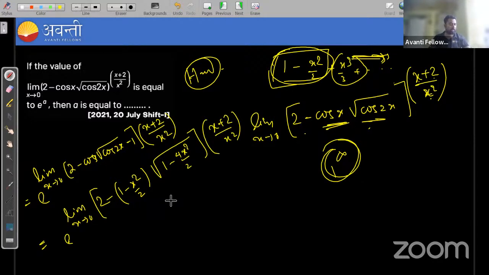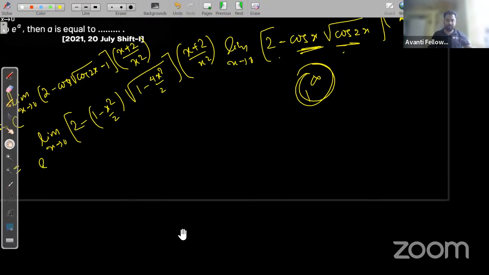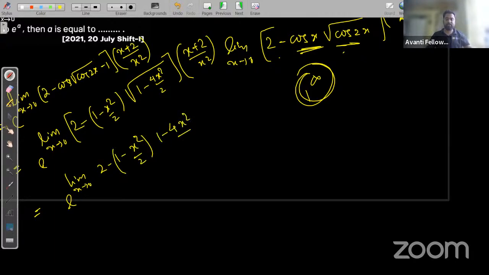Okay, now let's go. If we solve these questions, if you have time, I can go, no problem. So see here, this will be the limit as x approaches 0 of 2 minus 1 minus x square by 2, and this is 1 minus 4, that is 2x square by 2, whole to the power 1 by 2, into x plus 2 by x square.